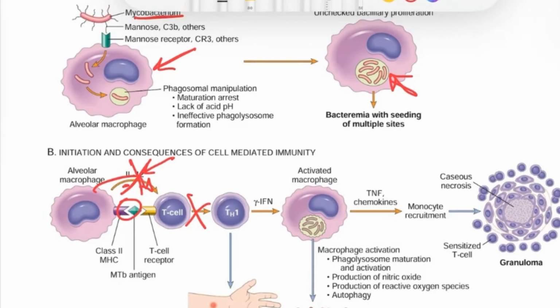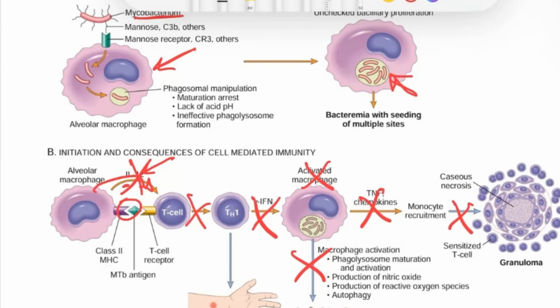And if it never becomes Th1, it will never produce interferon gamma. And if it doesn't produce it, then the macrophage doesn't get activated, and therefore it cannot go on to kill the bacteria. So nothing happens here. All this stuff stops. So there's no granuloma formation, no killing of the microbe, no Th1 cell.